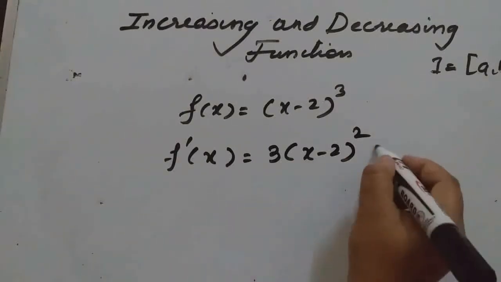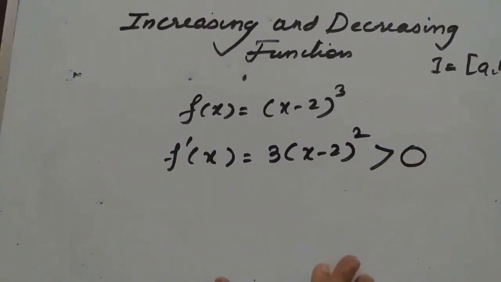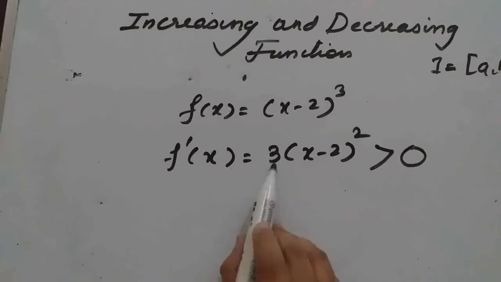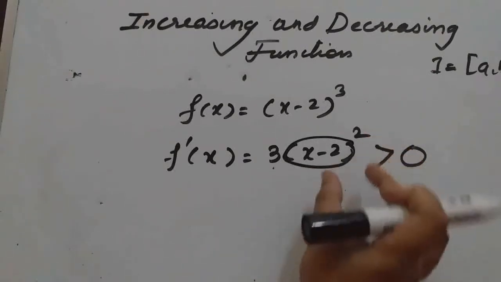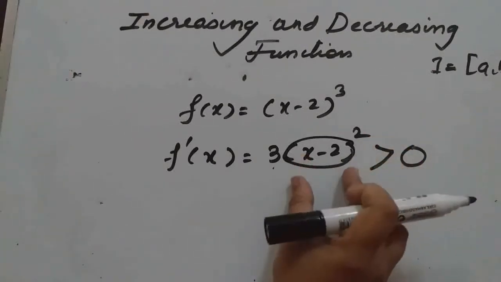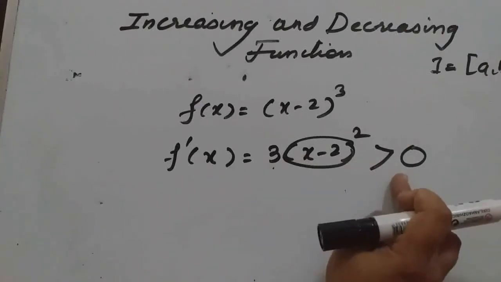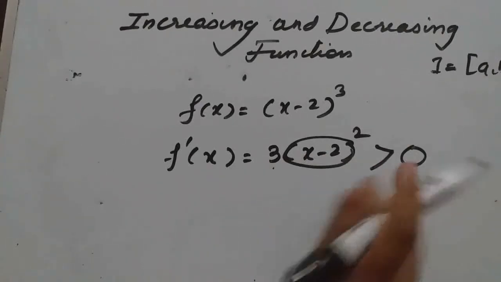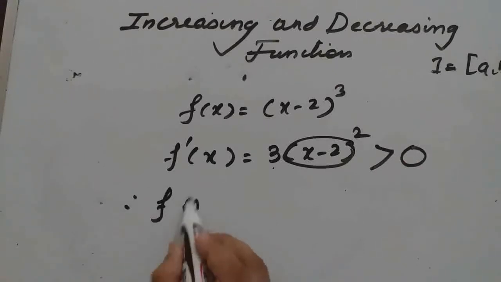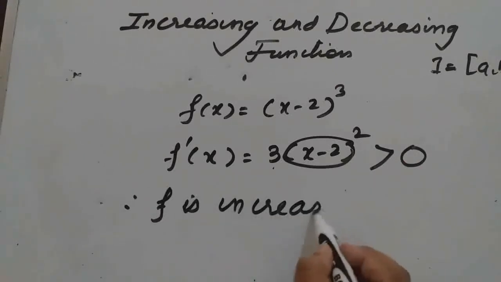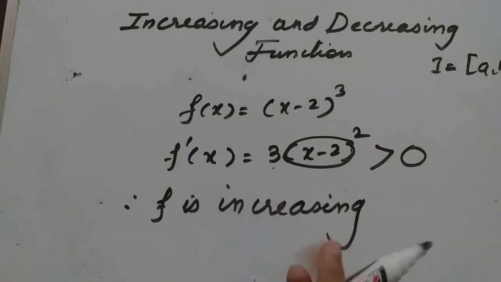Now can I say this number will always be positive? Yes, because 3 is a positive number and this is the square of any number, which is always positive. So we got the derivative is positive, therefore the function is increasing. So the first derivative test made the result very easy to solve and easy to understand.